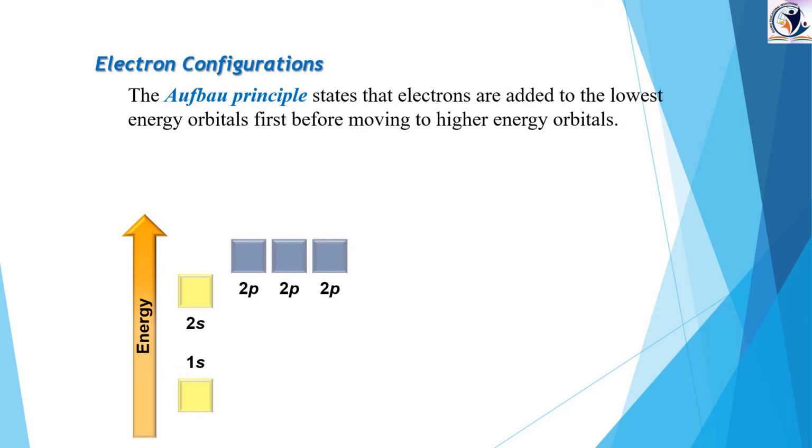Like that I have told you the energy levels. We calculated that before to understand the Aufbau principle, which states that electrons are added to the lowest energy orbitals. That's what you have seen, that after 3s and 3p, 4s comes before 3d itself.